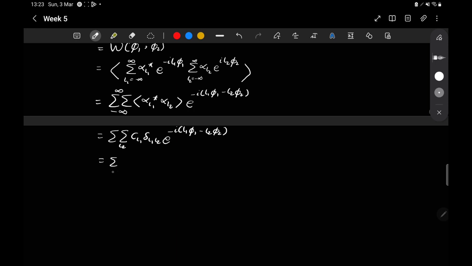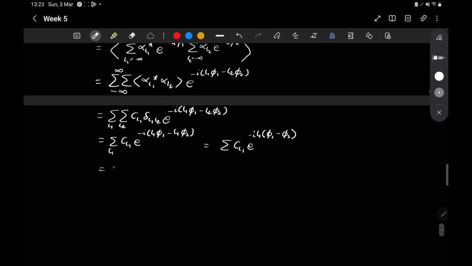This will leave us with the L1 summation, and because of this delta function, L1 equals L2. This is what we get.